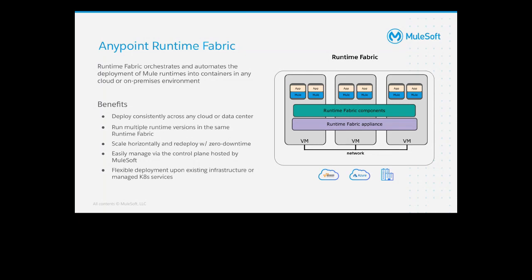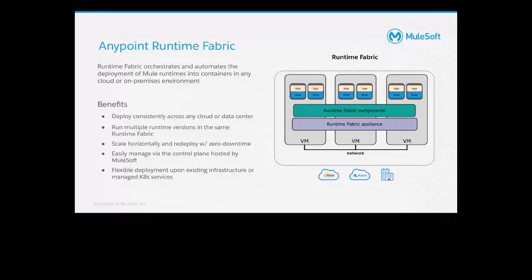I've not seen a single customer successfully install Mule 4 on top of Mule 3 in the same infrastructure. So my guidance and my advice is always to have a separate bit of infrastructure, separate server or separate cluster for Mule 4 when migrating from Mule 3 to Mule 4.